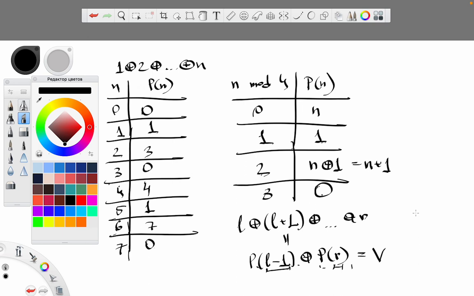And in the end, we basically want to calculate, given a segment, how many ways there are to choose 2 numbers from the segment so that their XOR is equal to v.